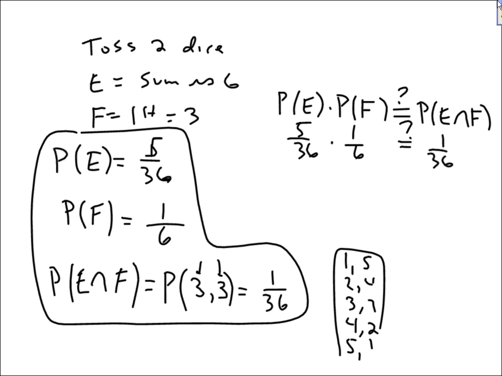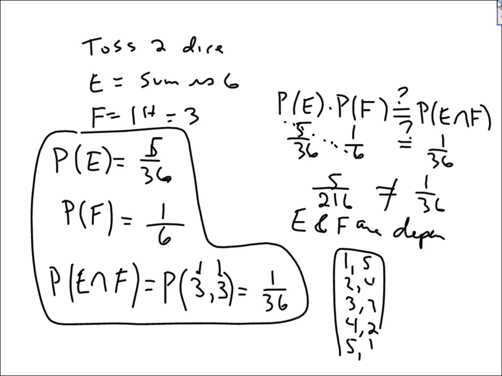Well, if these canceled out, you'd be in business. But this is 5 out of 216. And it does not equal 1 over 36. So in this case, E and F are not independent, they are dependent.